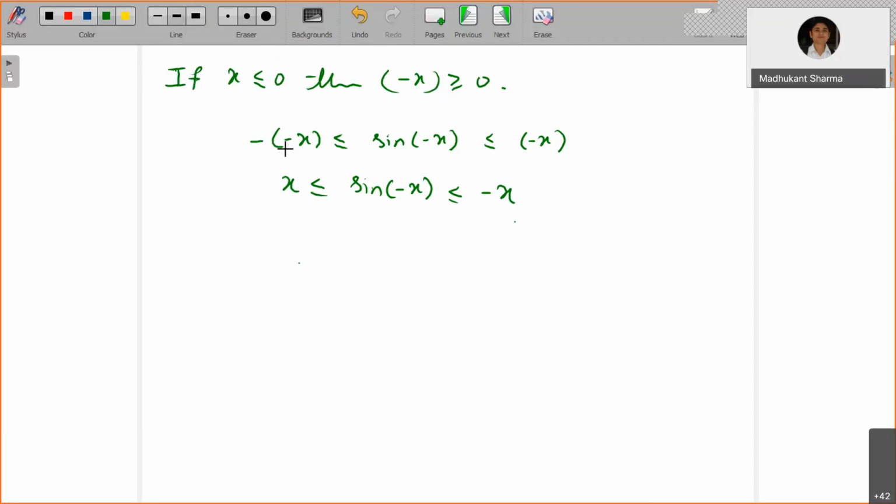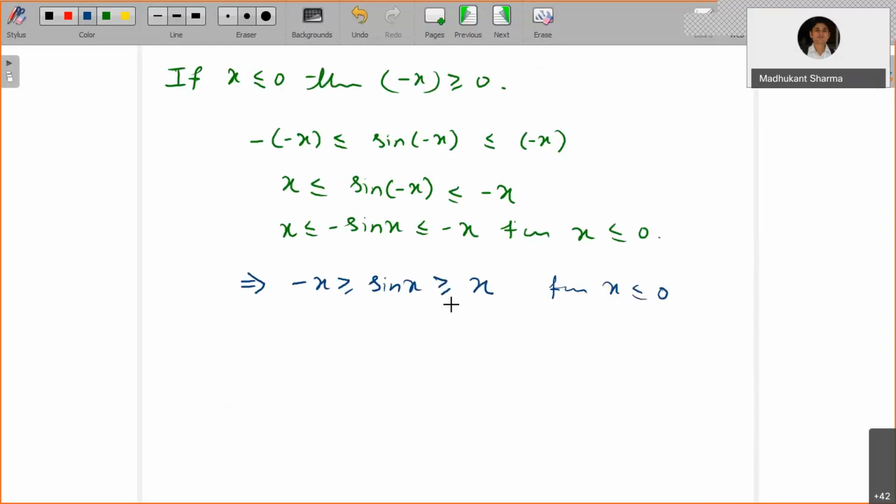So I can use the result for minus x, and find that for x less than or equal to 0 we have x is less than or equal to minus sine x, which is less than or equal to minus x. If you multiply by minus, this gives minus x is greater than or equal to sine x, which is greater than or equal to x. That means x is less than or equal to sine x, which is less than or equal to minus x, for x less than or equal to 0.